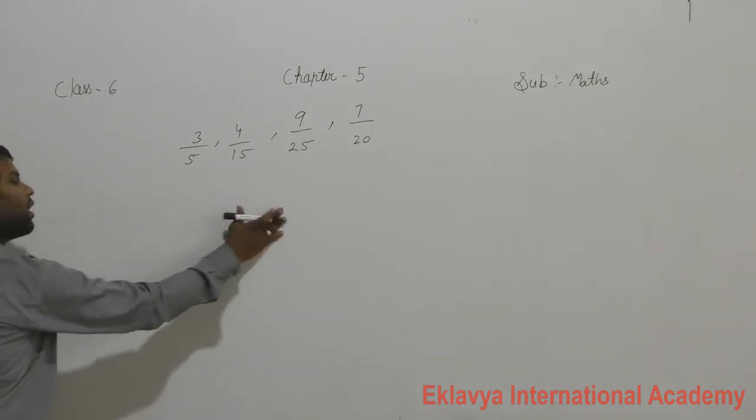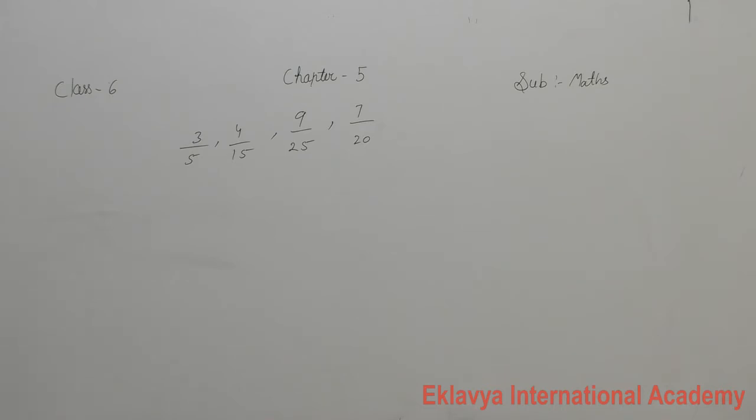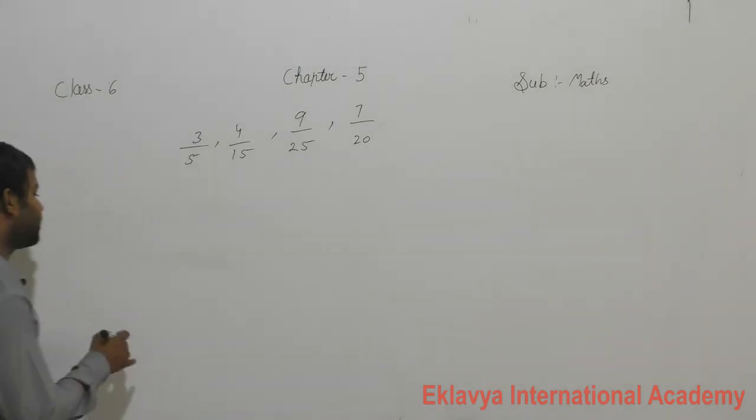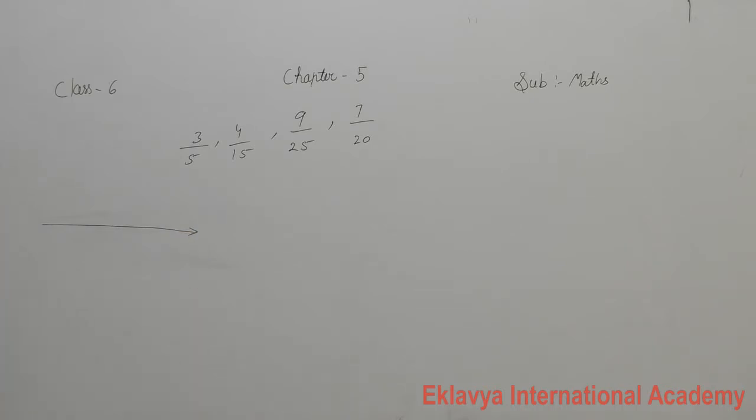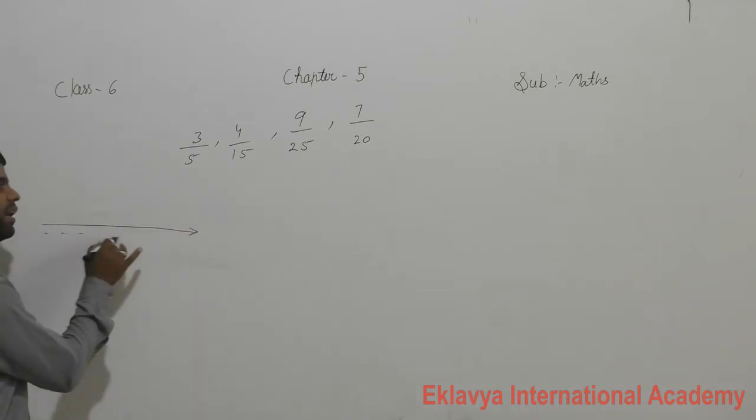So ascending order always says that first we write the lowest value, then we write the highest value. It means the order will increase.